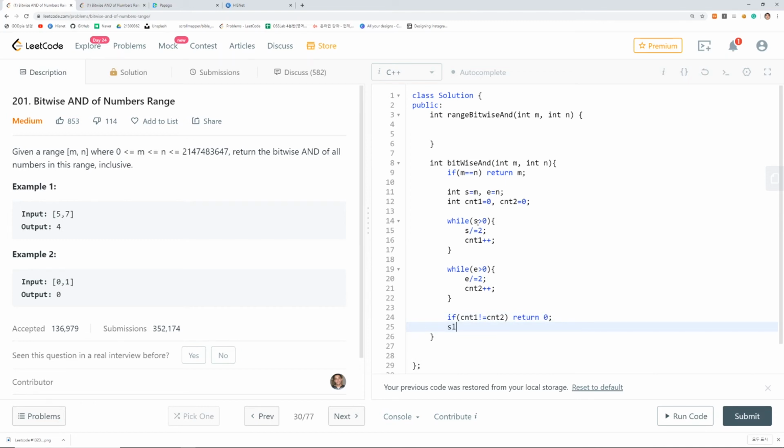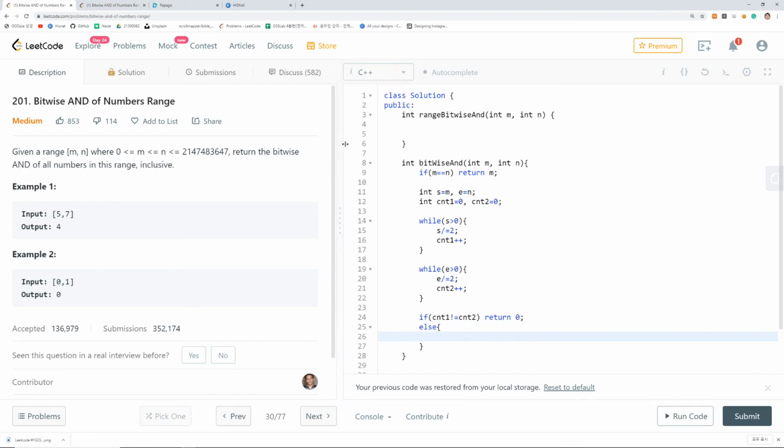And if it is not, I have to get the first digits of those two numbers, because if the scope is the same, the first digit would always be 1. So I can get that 1 from those numbers.